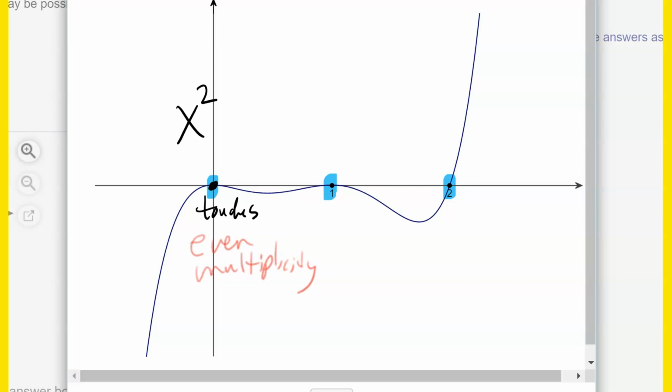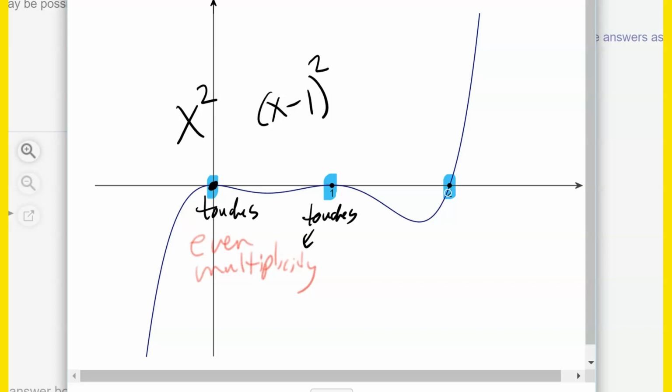But for simplicity's sake, it's just going to be x to the 2nd. What could give me an answer of x equals 1? That's going to be x minus 1. And that also touches, so that's also even multiplicity. So it's also going to be x minus 1 to the 2nd, or to the 4th, or to the 6th, or to the 100th. But it's just going to be to the 2nd for simplicity's sake again.